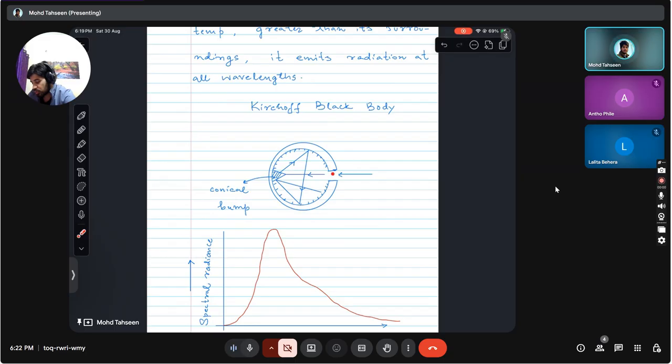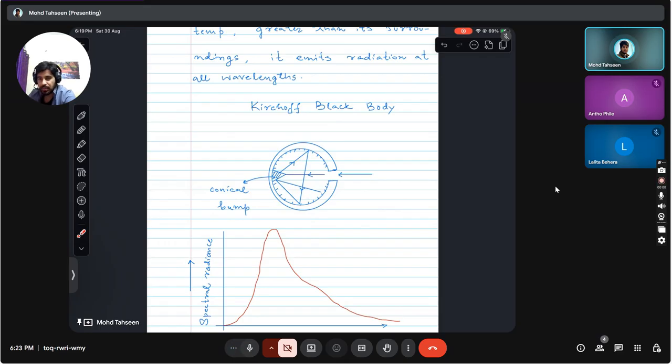Through this pore, through this cavity, the radiation enters or leaves the system. And there is some kind of a reflector here in the form of a cone, which reflects the incident radiation so that it gets reflected across.